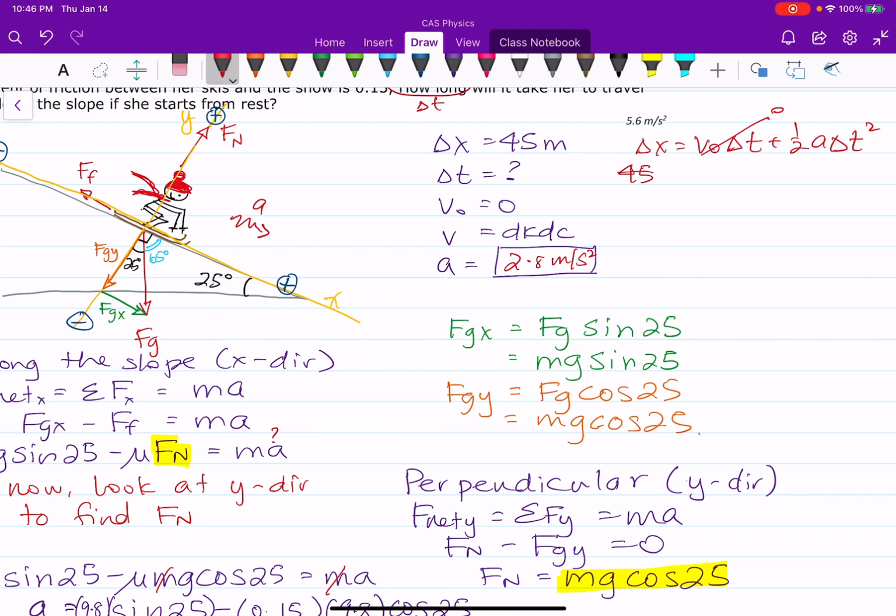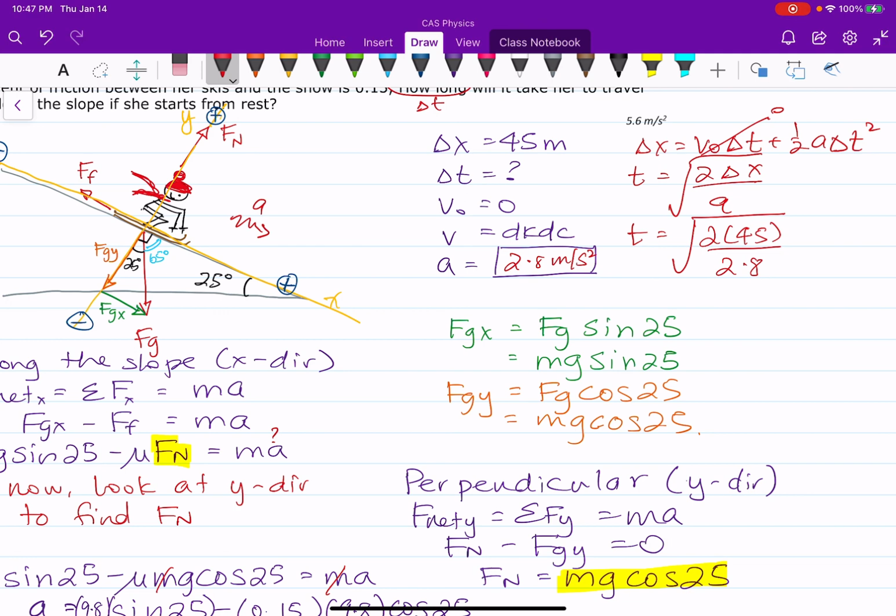We're solving for t. So t equals the square root of, let's rearrange this, delta x times 2 over a. And then this is the square root of all of that. So t equals the square root of 2 times 45 divided by 2.8.